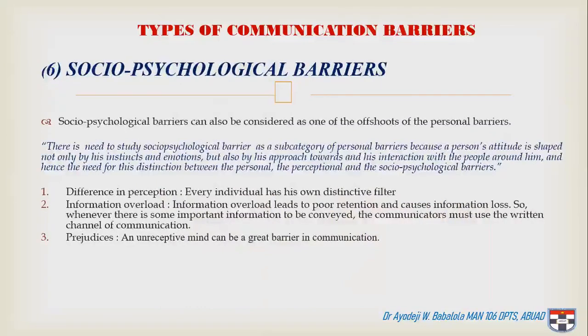There is need to study psychological barrier as a subcategory of personal barriers because a person's attitude is shaped not only by his instincts and emotions, but also by his approach towards and his interaction with the people around him. And hence, the need for this distinction between the personal, the perceptional, and the psychological barriers.